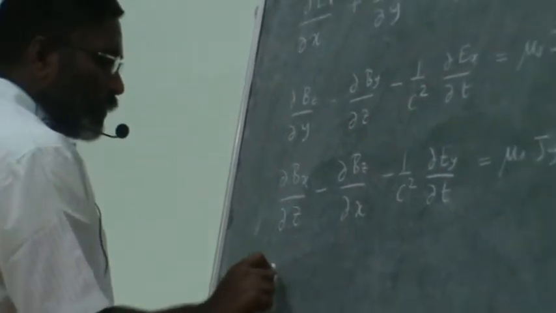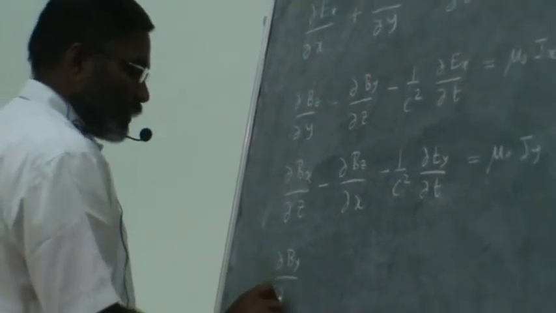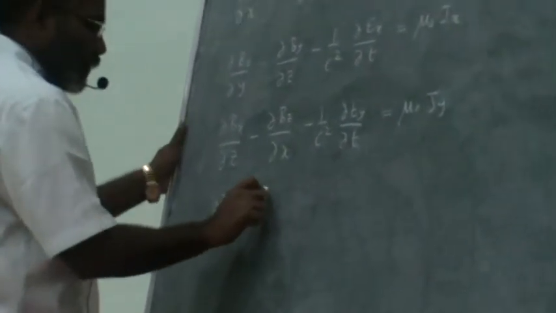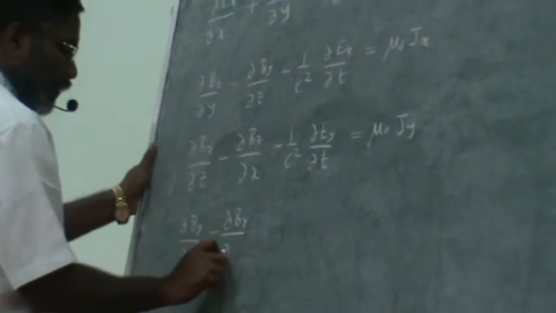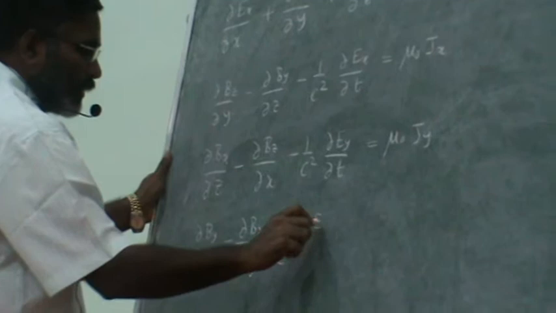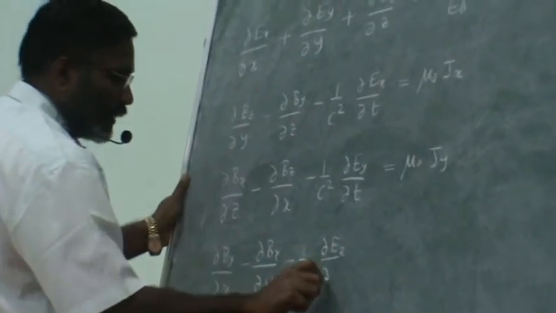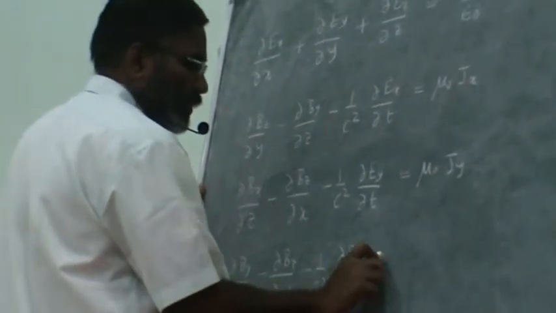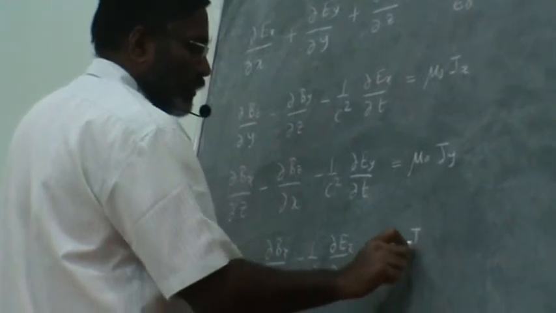The last one, ∂By/∂x minus ∂Bx/∂y minus 1 by c square into ∂Ez/∂t is equal to μ0 jz.